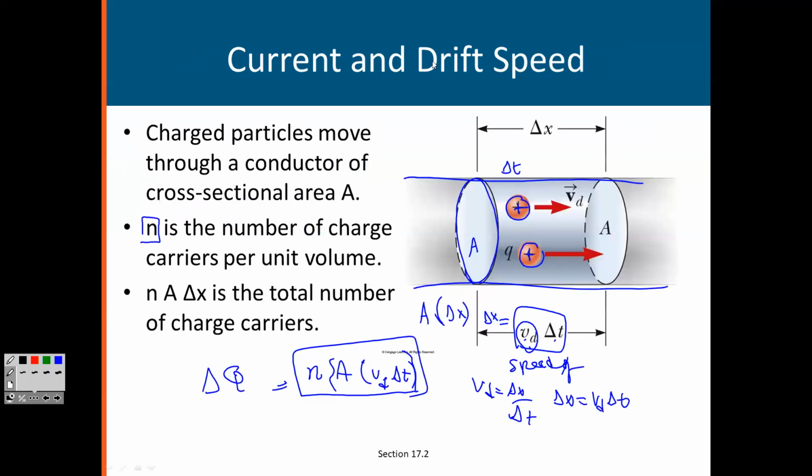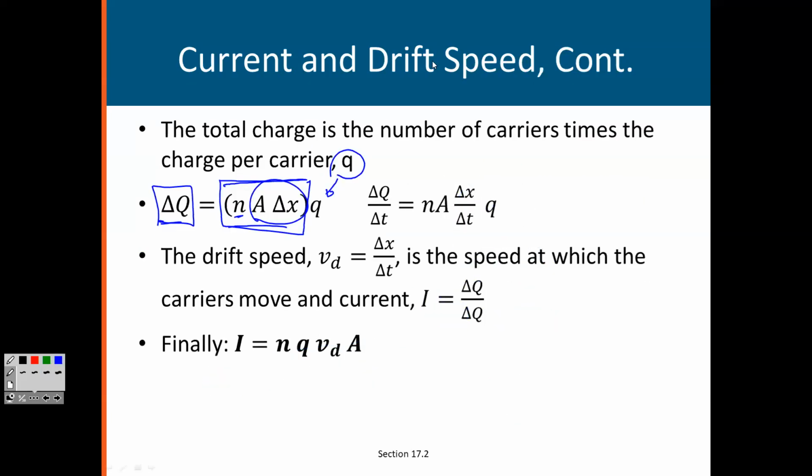So I shouldn't have written this delta Q here. What we have here is the total number of charge carriers. Then you multiply the total number of charge carriers by the charge of one charge carrier. That will give me the charge in that volume. Now let me divide both sides of this equation by delta t.